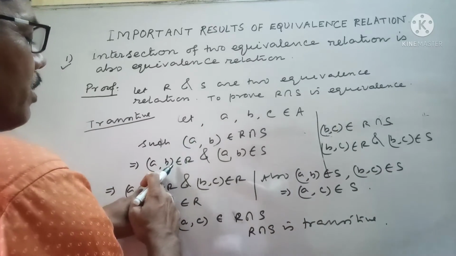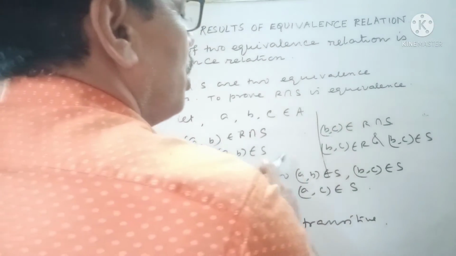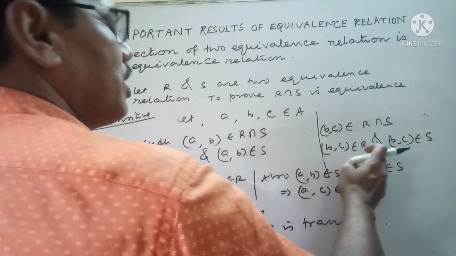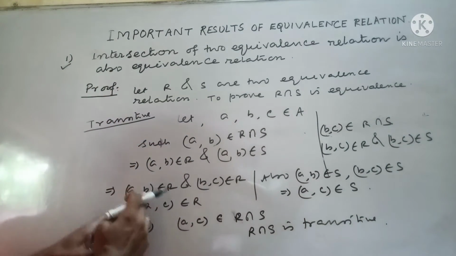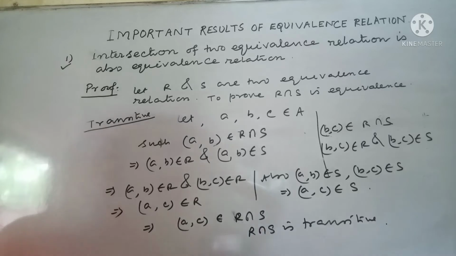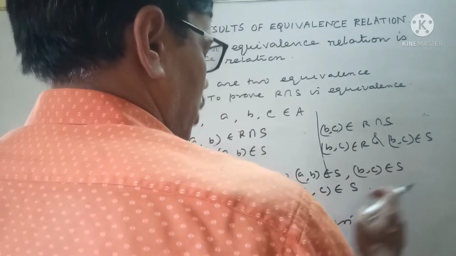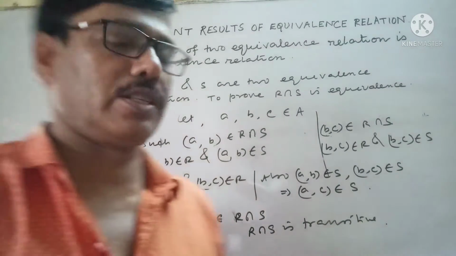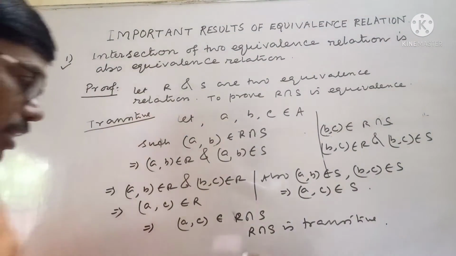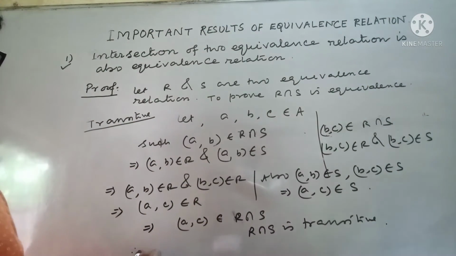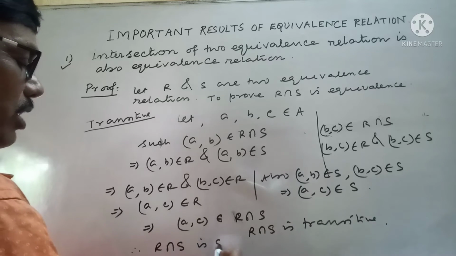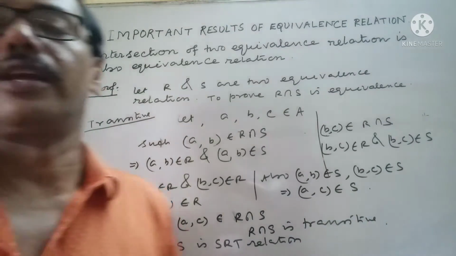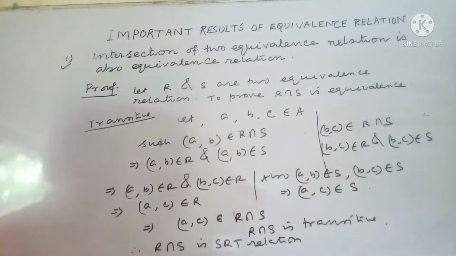So if we expand it, (a, b) belongs to R and (a, b) belongs to S, (b, c) belongs to R, (b, c) belongs to S. Since R is transitive, therefore (a, c) belongs to R. (a, b) belongs to S, (b, c) belongs to S, so (a, c) belongs to S. So (a, c) belongs to R intersection S. So R intersection S is transitive. Therefore, R intersection S is reflexive, symmetric and transitive, and hence it is an equivalence relation.